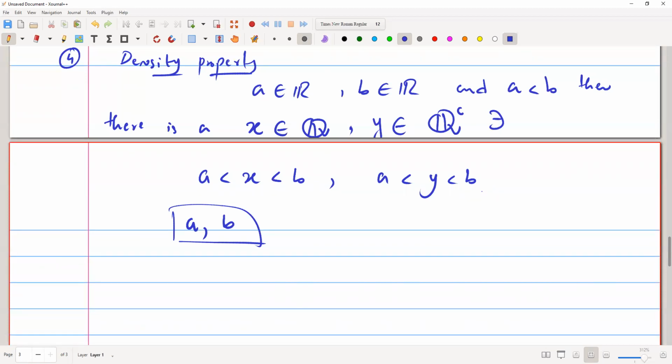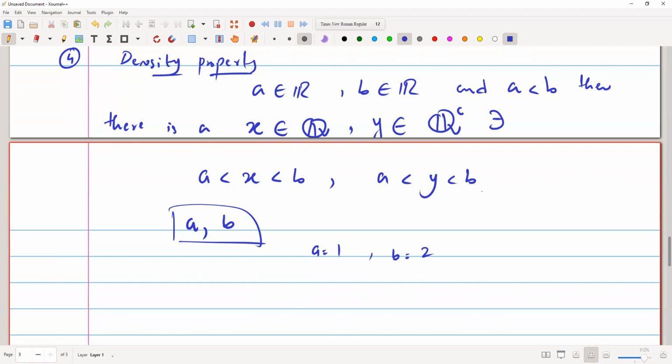So it's amazing, but this is called the density property. Take any two numbers as close as you can think, but there exists a rational and irrational number between them. What does it mean? For instance, let A equal 1 and B equal 2. I can easily show that there are infinitely many rational and irrational numbers between these two.